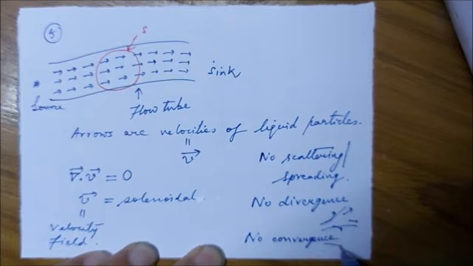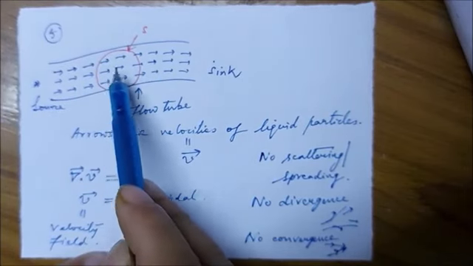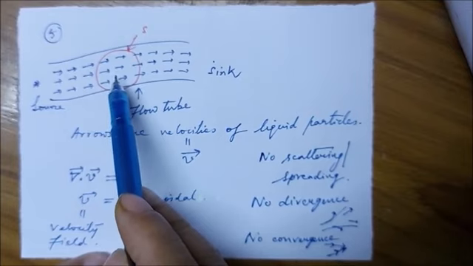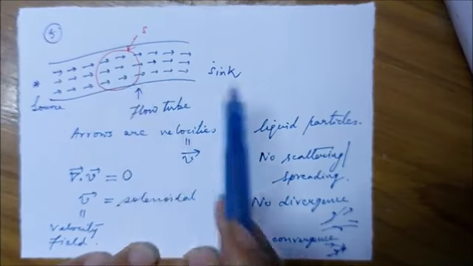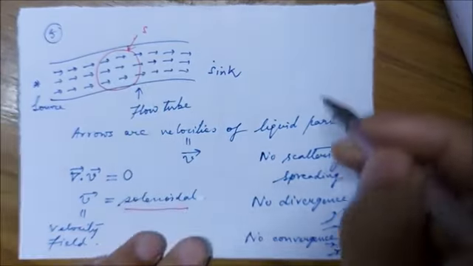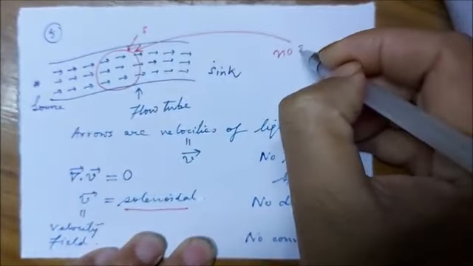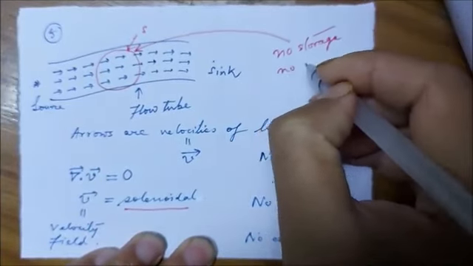That is, the flow is not like this, that the field lines are proceeding towards a particular point. In other words, there is no storage of liquid here, and also there is no depletion of liquid here. So this is a region which is neither a source nor a sink, and hence solenoidal. So these are important points. So there is no storage and there is no depletion also.